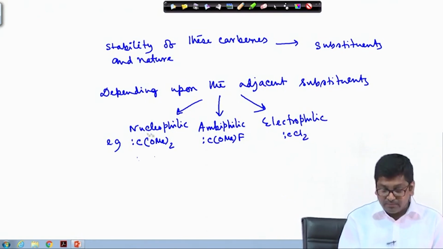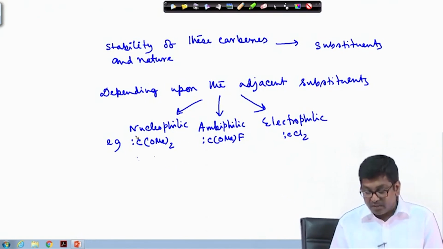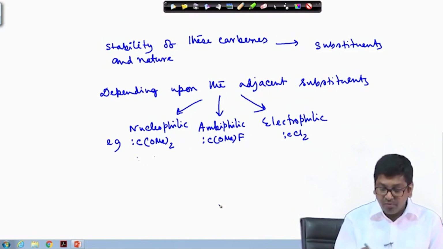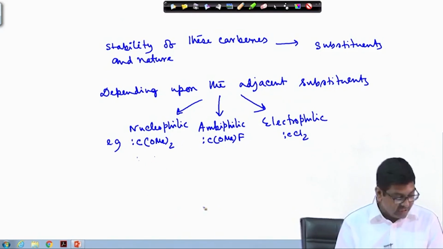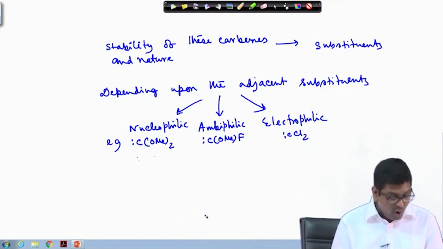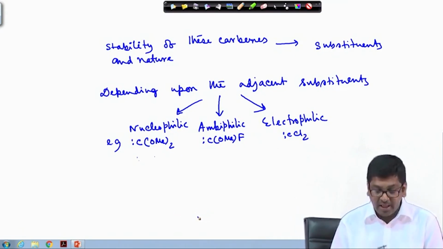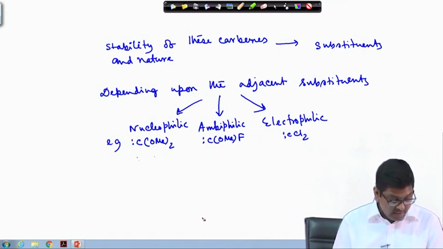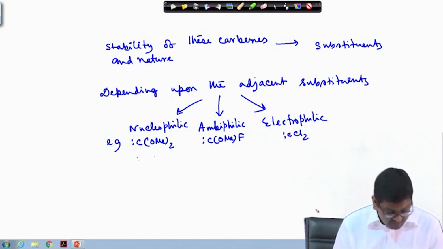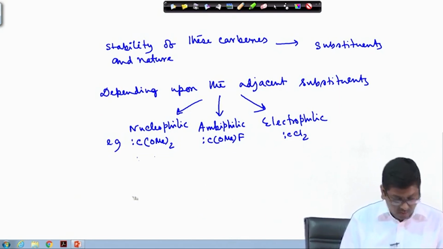Now, we have discussed this type of electrophilic carbenes. Now, nucleophilic carbenes like these dimethoxy carbenes are devoid of electrophilicity towards alkenes. Why? Because of the electron donation by the methoxy group. How?